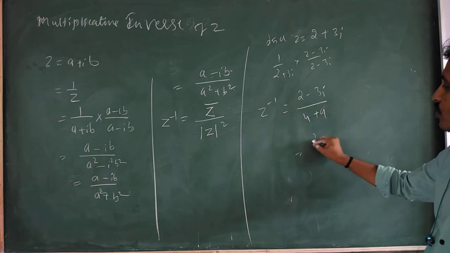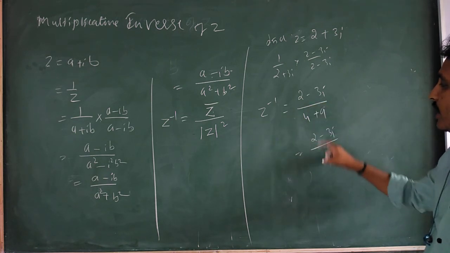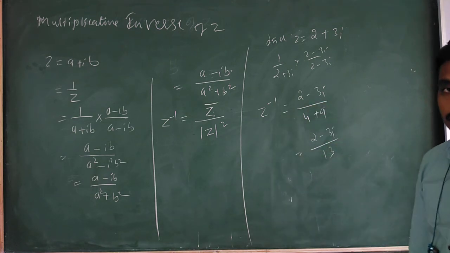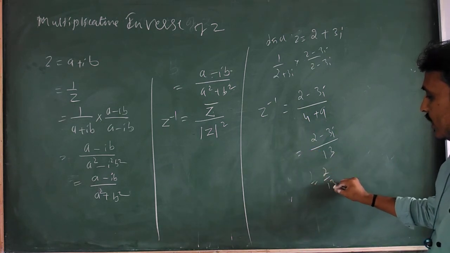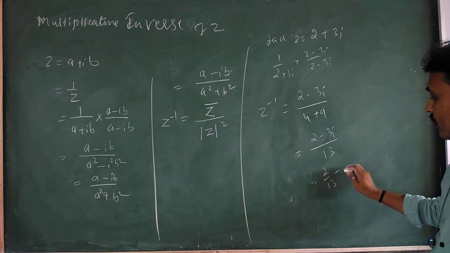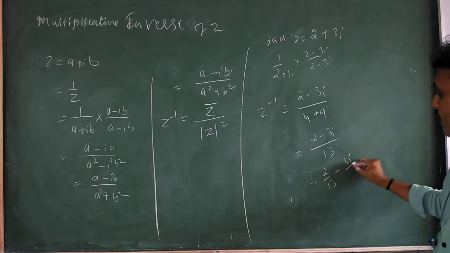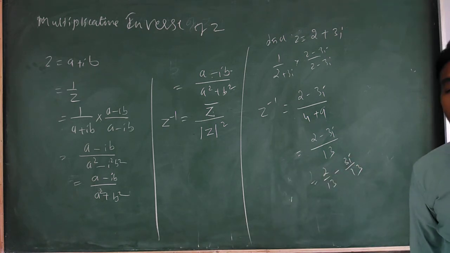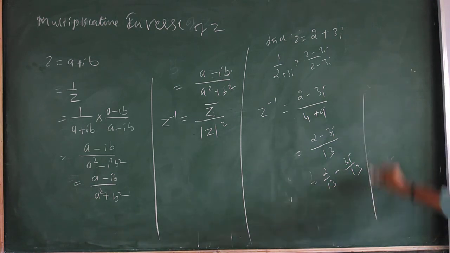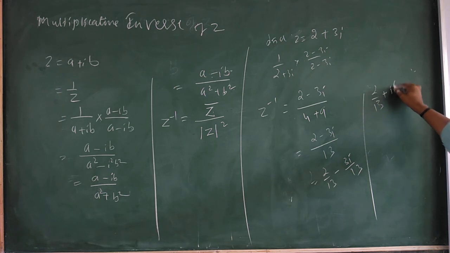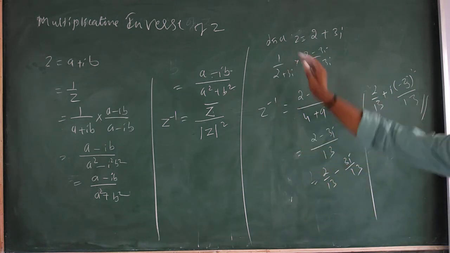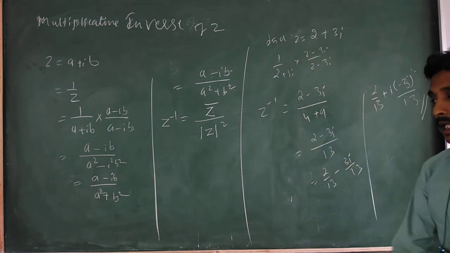So 2 minus 3i divided by 4 plus 9, which is 13. So 2 by 13 minus 3i by 13, or 2 by 13 plus i into minus 3 by 13. This is the multiplicative inverse of z equals 2 plus 3i.